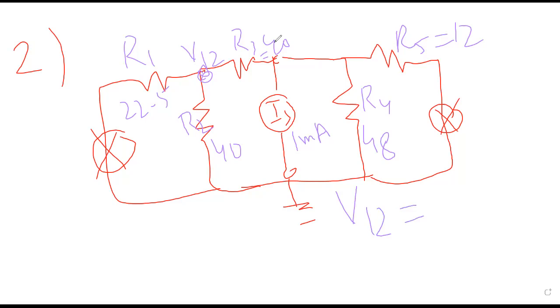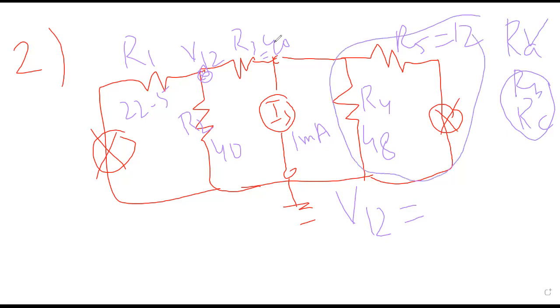For this one, the primary equation uses RA, RB, RC. RA is also used in this because this loop is parallel.